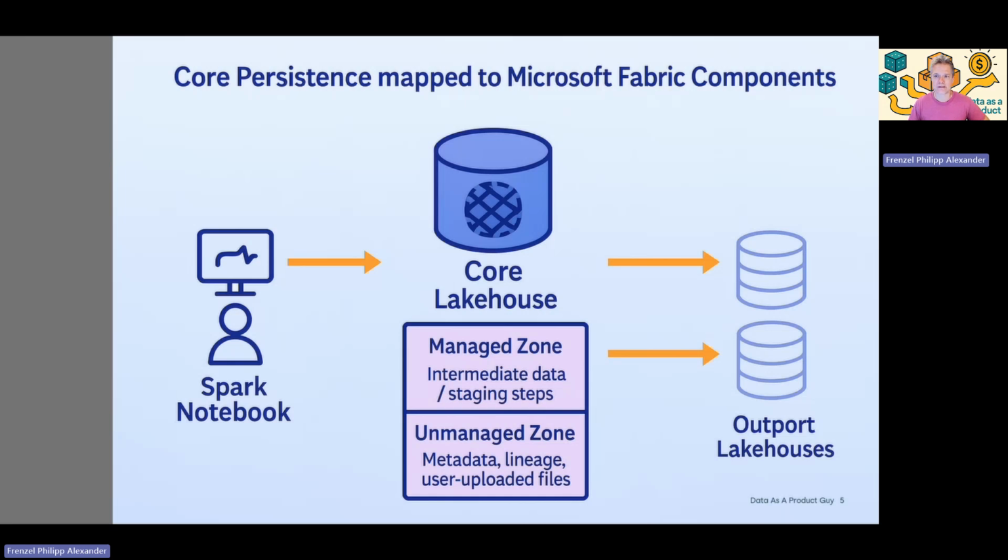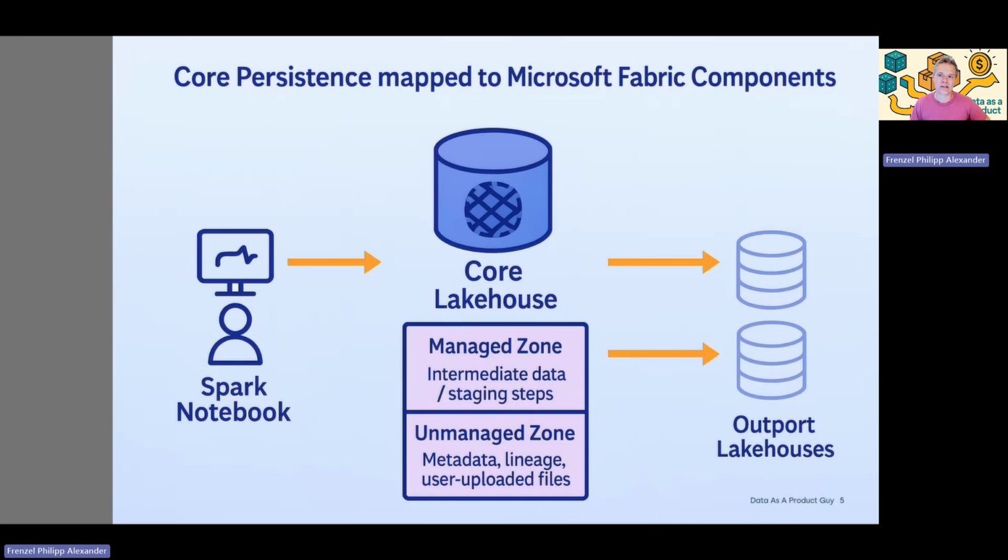It's not mirroring, sorry, the wrong term, but here you try to extend the history of what you have read before. And then of course we have the unmanaged zone within the Lakehouse, where we put metadata.